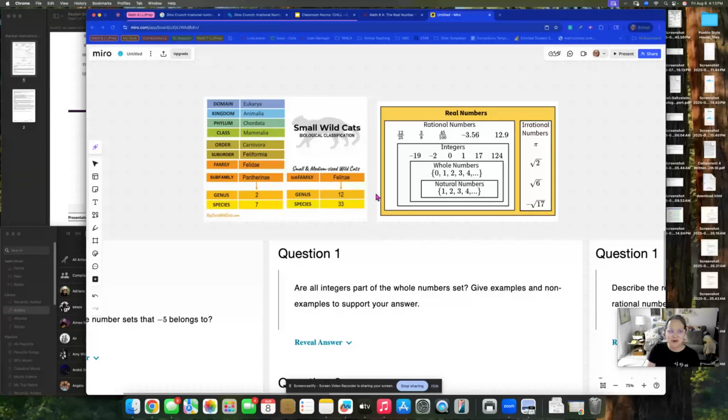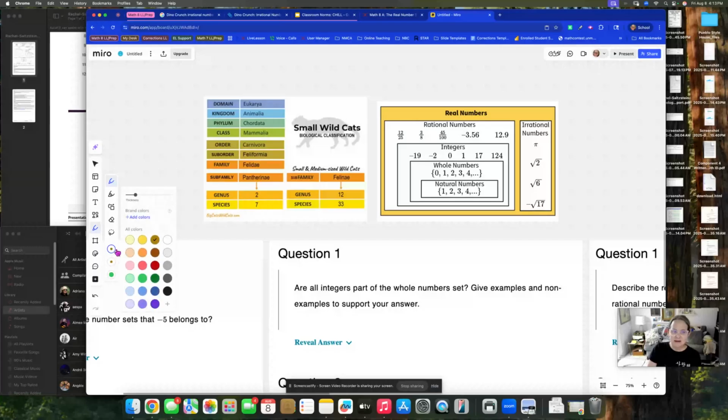They're actually really important. So the number system and the hierarchies and the sets of numbers, I think the best way to think about them is about the way that we classify animals. Picture a cat.